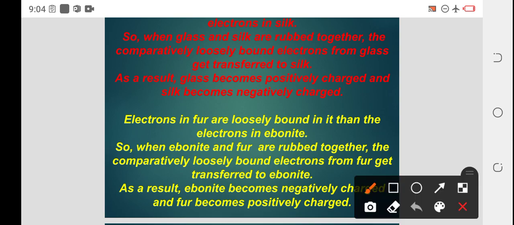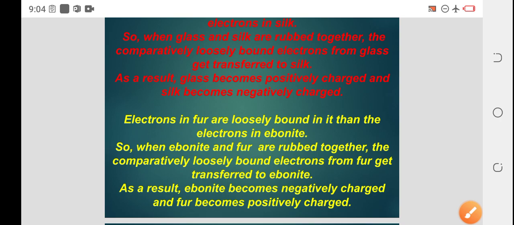As a result, the glass becomes a positively charged body. That means the glass is donating the electrons while the silk cloth is receiving the electrons. So the glass becomes a positively charged body and the silk becomes a negatively charged body.